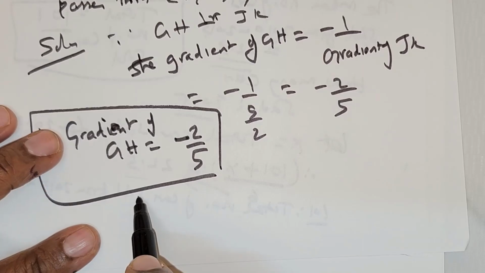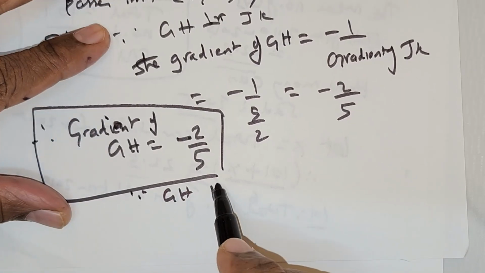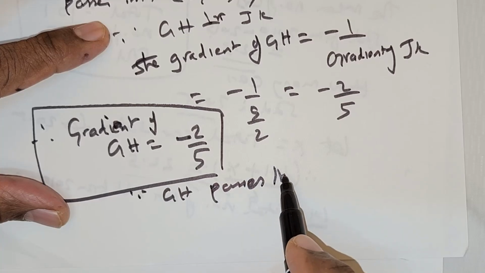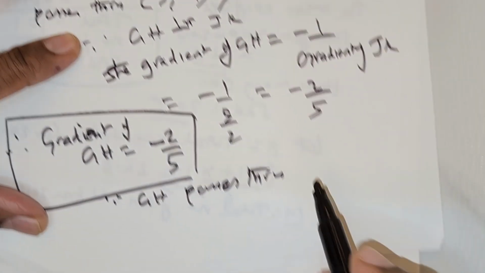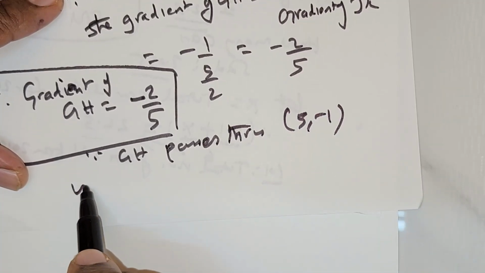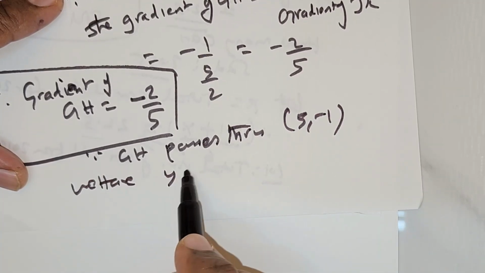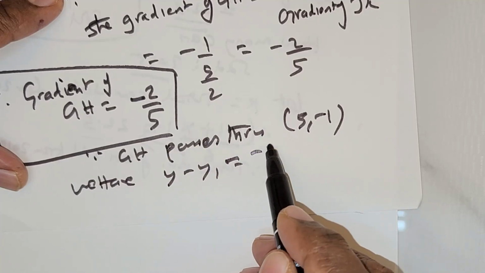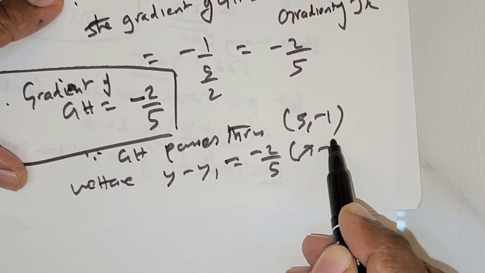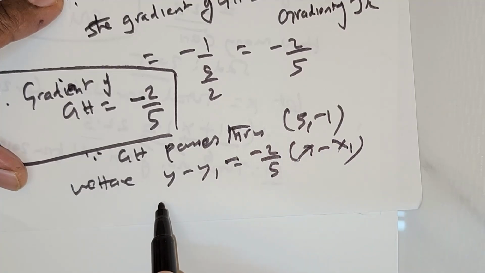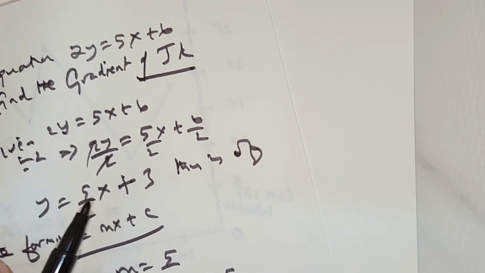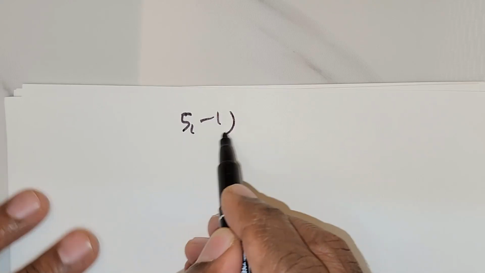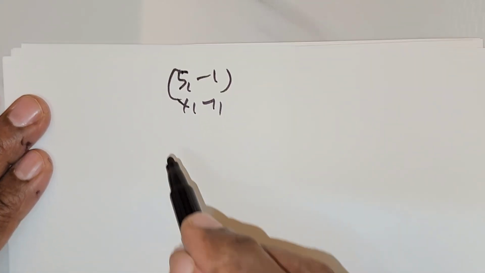Since GH passes through (5, negative 1), we have y minus y1 is equal to slope negative 2 over 5 times x minus x1. So 5, negative 1 is x1 and y1.